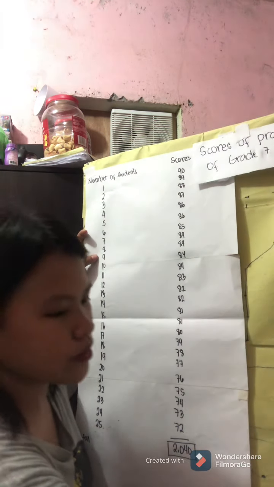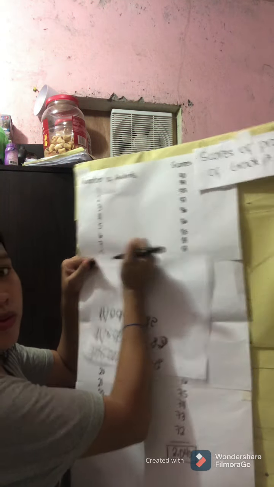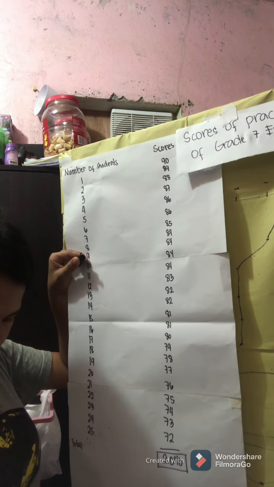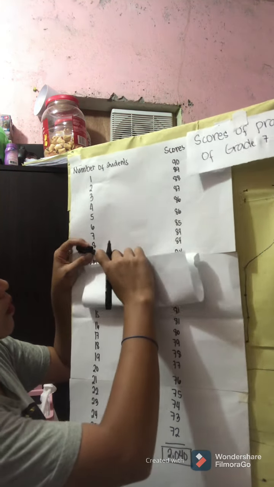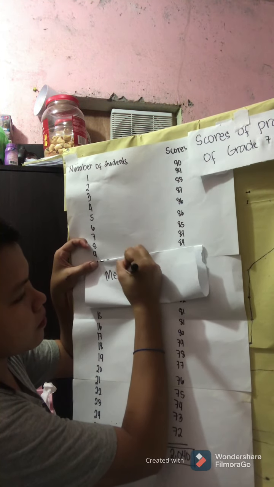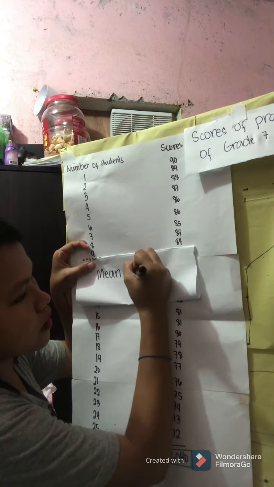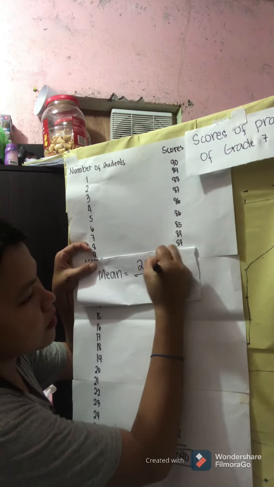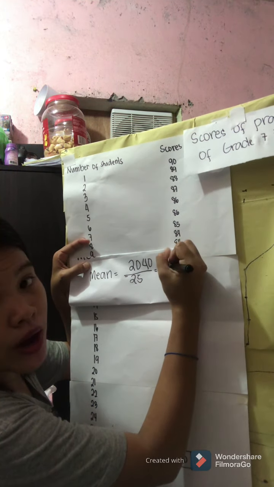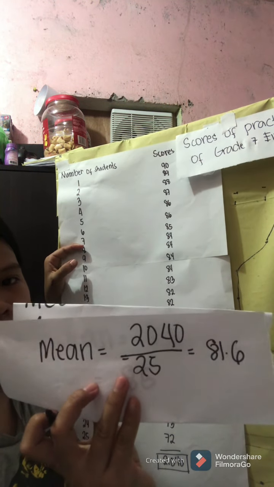So 2040 divided by 25 equals 81.6. So this is our mean.